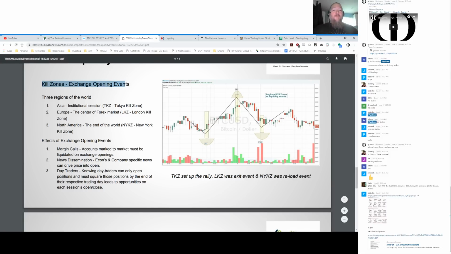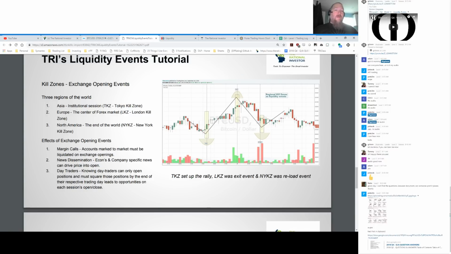We combine several into what we call the institutional session, which is basically from Australia's market opening through China's market opening. We also talk about that as the Asian kill zone. Primarily what we're looking at is the Tokyo market open, but you have these other points, like Australia and Hong Kong market opens.